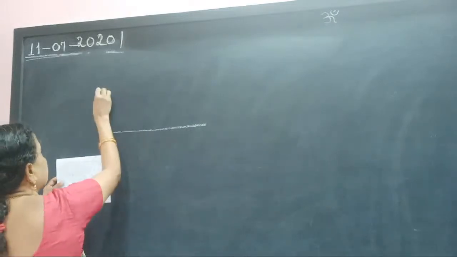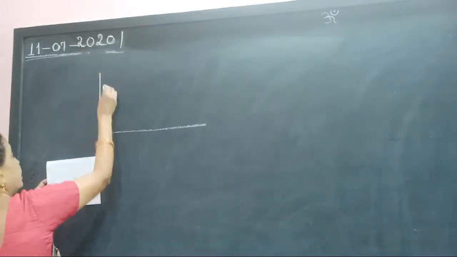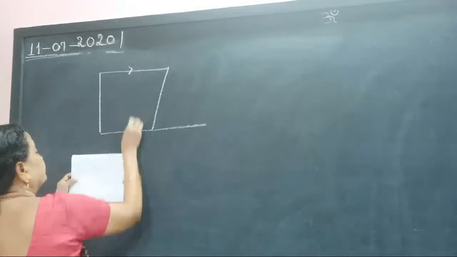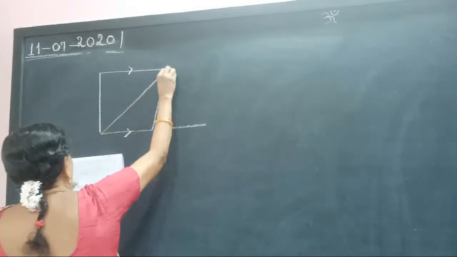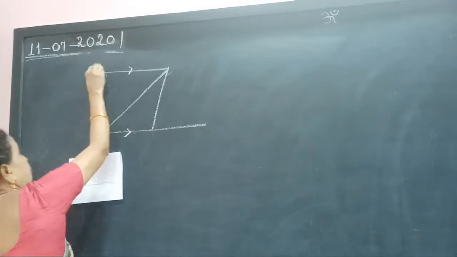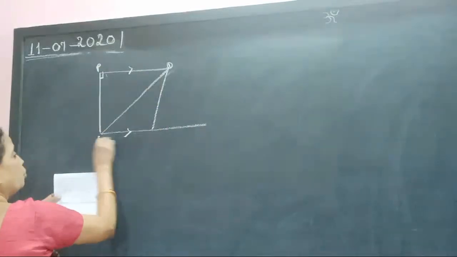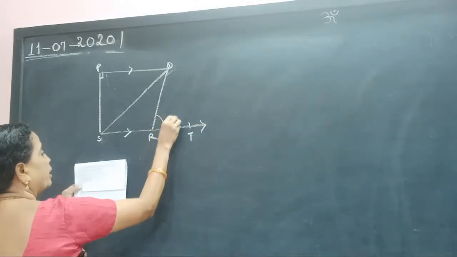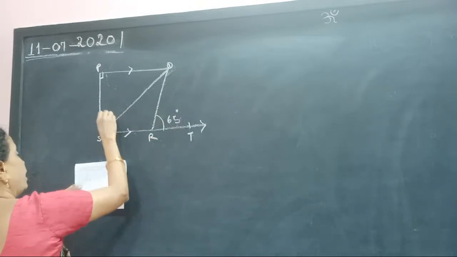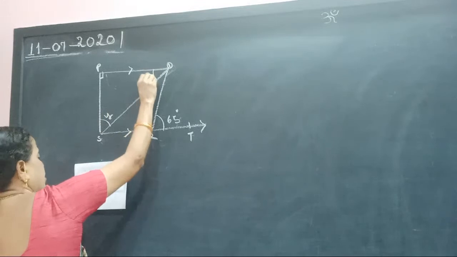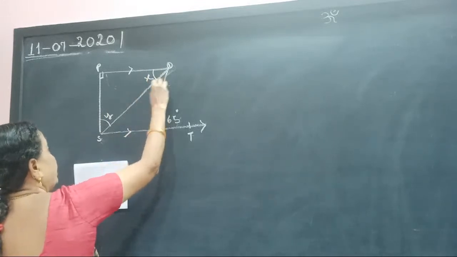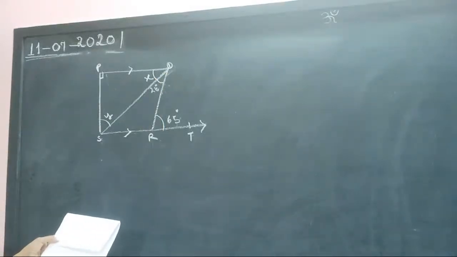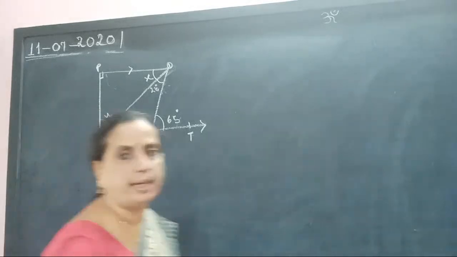Here PQ is parallel to SR. This is the extended part, 65 degree. This is Y. This is X. And here it is 28 degree. You have to find out the measure of X and Y.